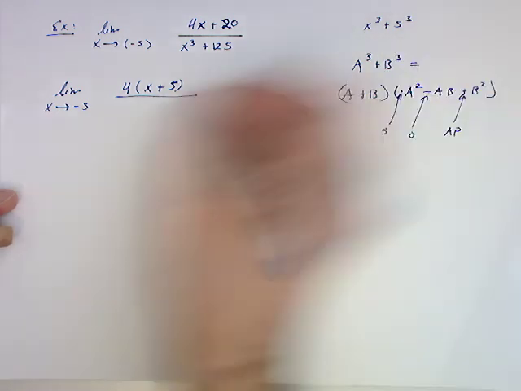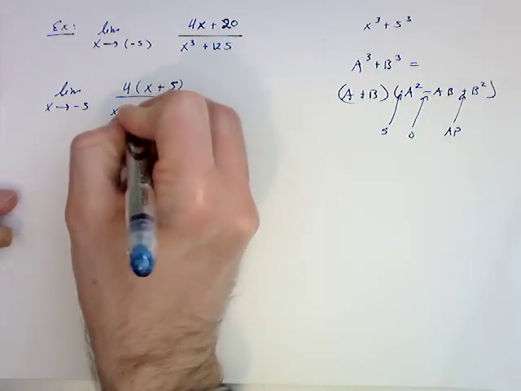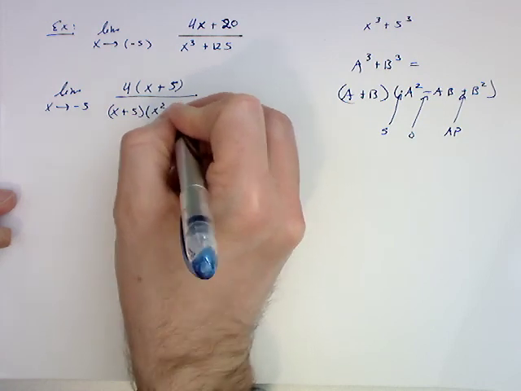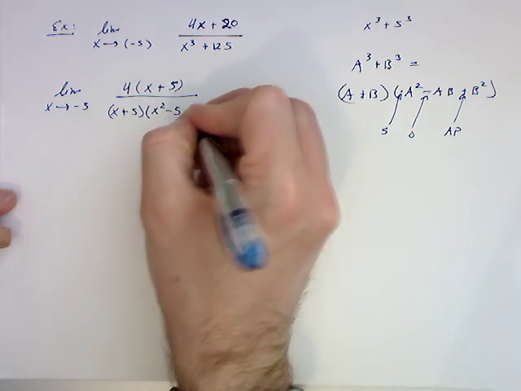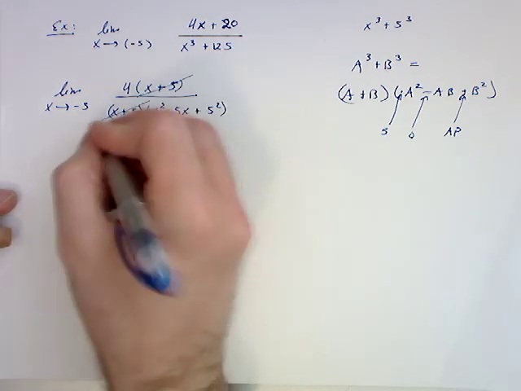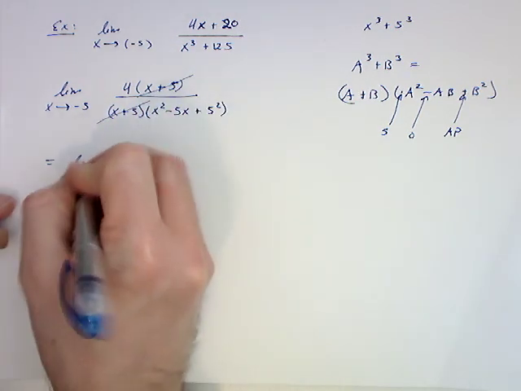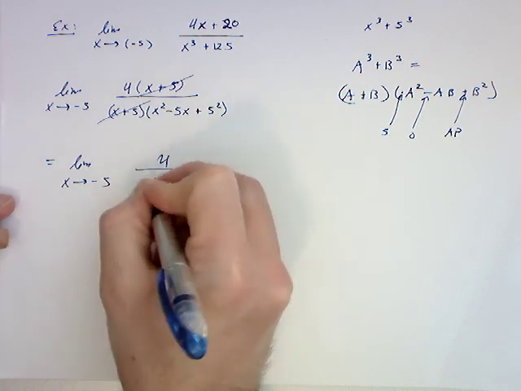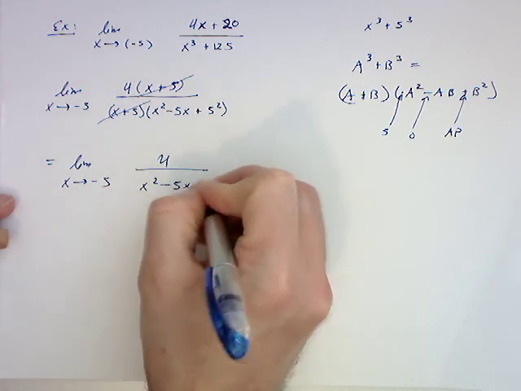So x cubed plus 5 cubed is going to factor as x plus 5 times x squared minus 5x plus 5 squared. These can cancel. We're left with the limit as x approaches negative 5 of 4 over x squared minus 5x plus 25.